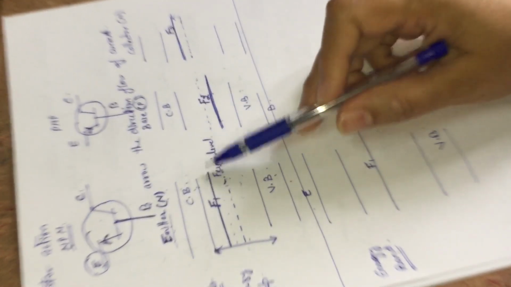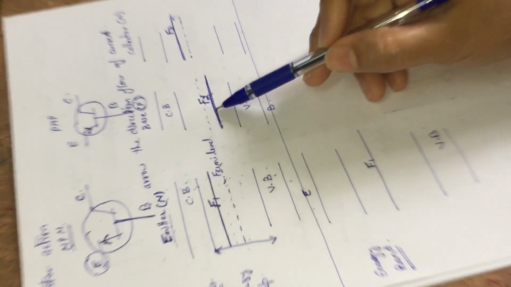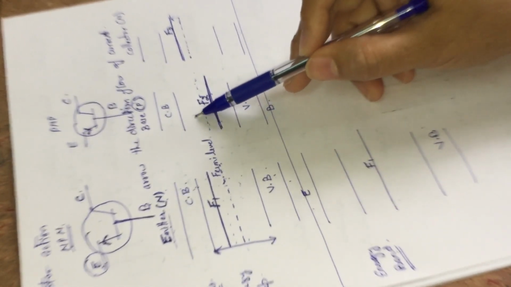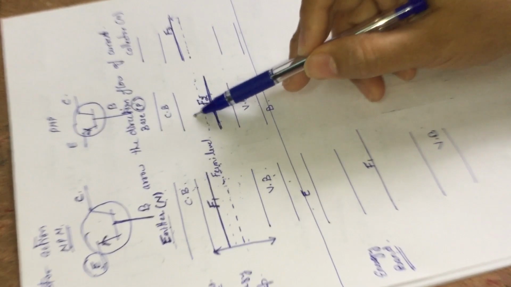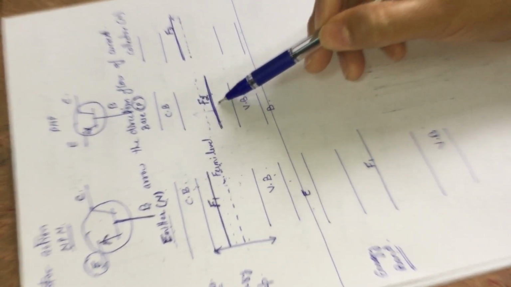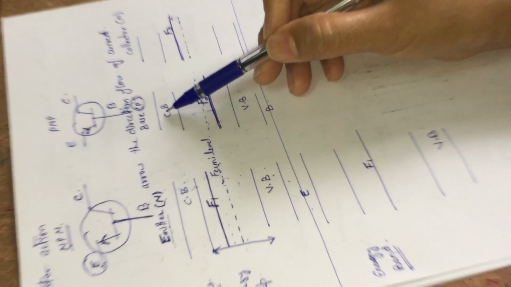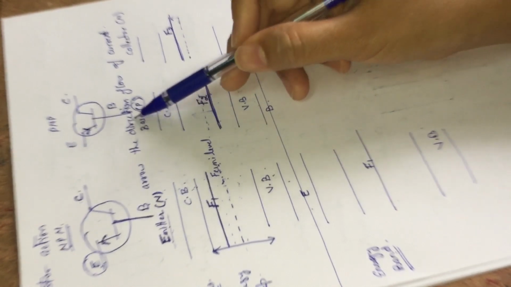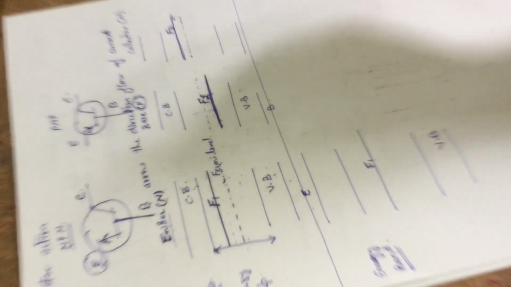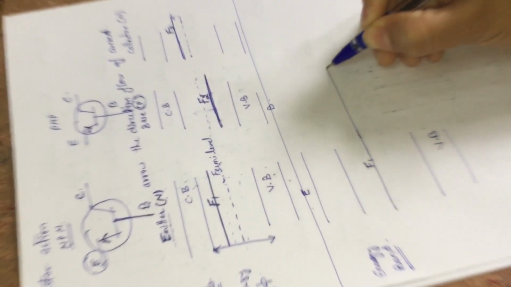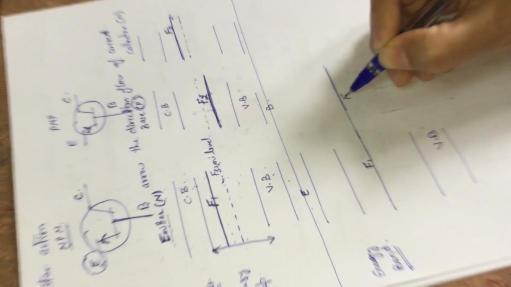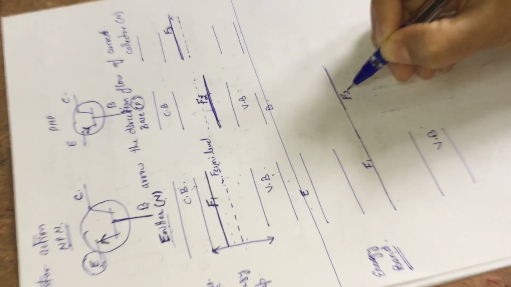If I align F1 with F2, then I have to shift F2 in the upward direction, and due to this shifting, the valence band will move upward with the same difference as the conduction band moves upward. Hence, this is my Fermi level for the base region.